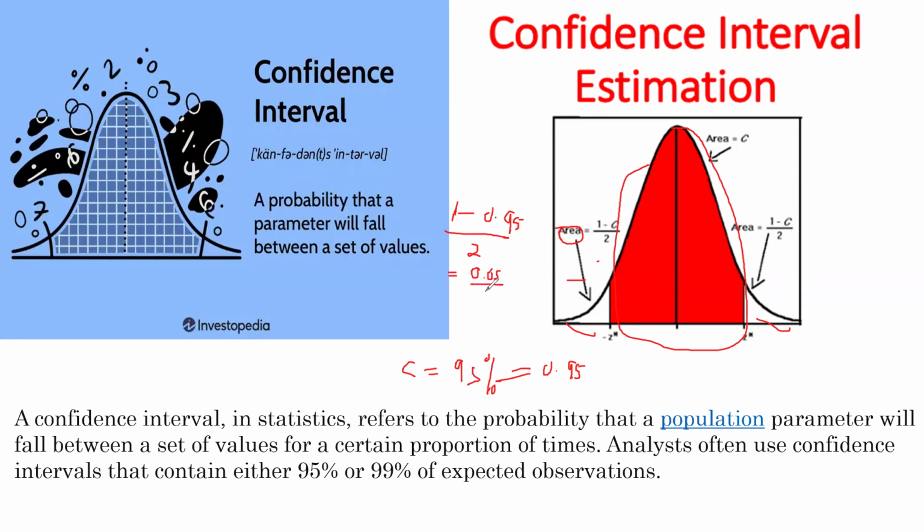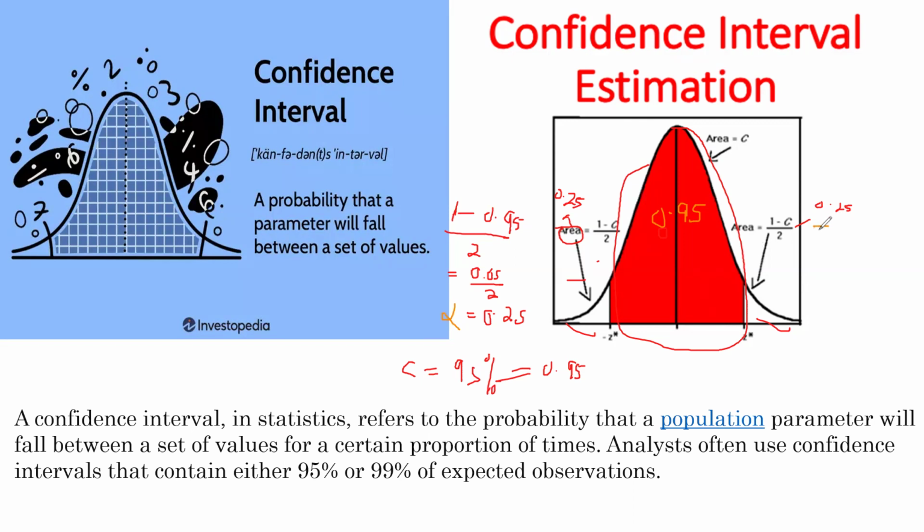So 0.05 divided by 2 gives 0.025. So here we have 0.025, and here also 0.025. And then here we have 0.95, so here we have 0.975.